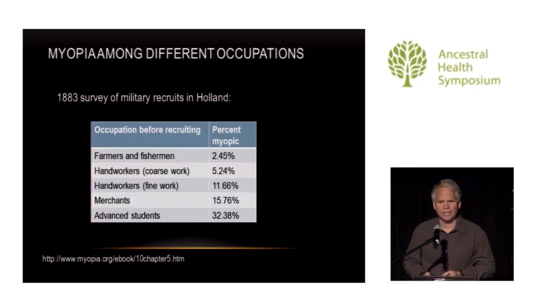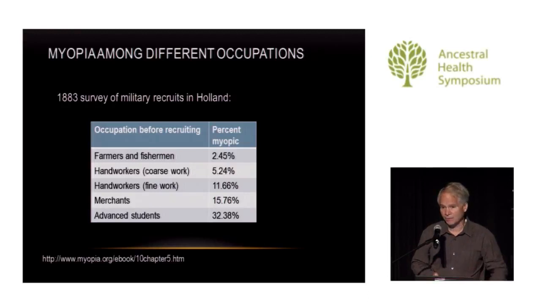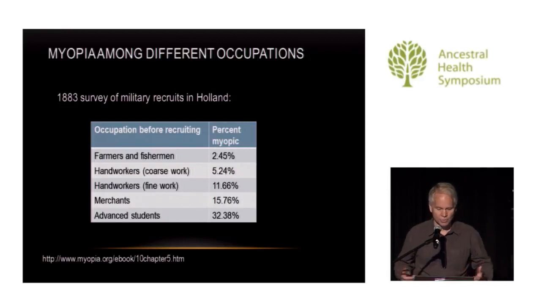If you go back to some of the early studies on myopia, there's one from Holland in the 1880s looking at military recruits, looking at the occupations of where people came from when they were coming into the army. And if you looked at farmers and fishermen, it was about 2.5% prevalence of myopia. If you looked at leather workers who used their hands, coarse work, maybe about 5%.